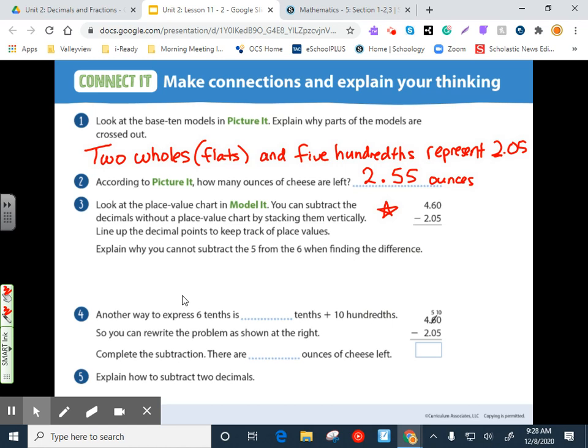Okay, so this part, explain why you cannot subtract the 5 from the 6 when finding the difference. And what they mean is, why can't we subtract this 5 from the 6? And you probably noticed right away that they're not lined up on top of each other, which means they are different place values.